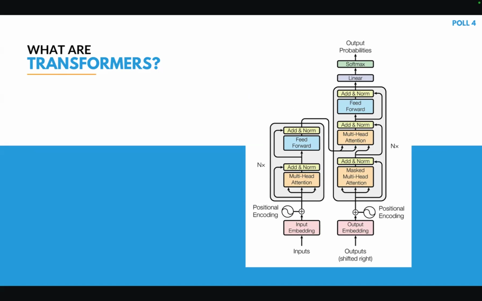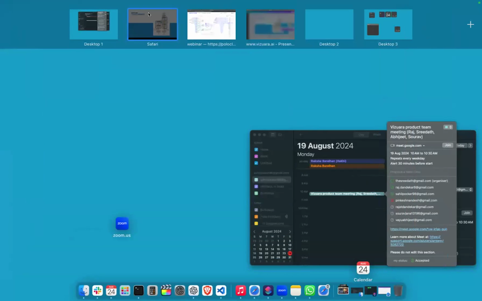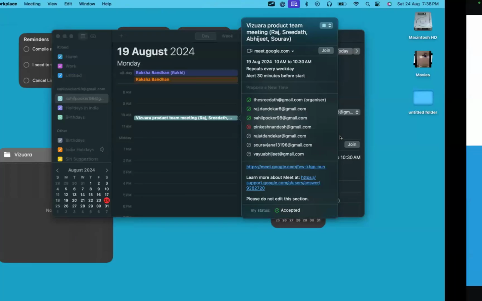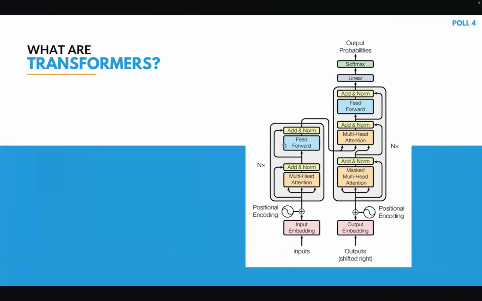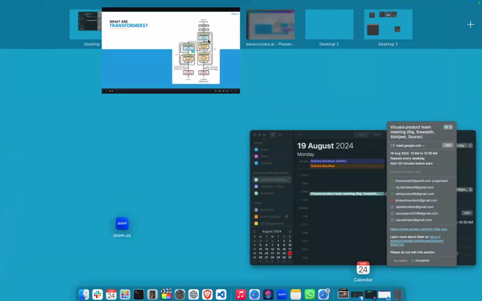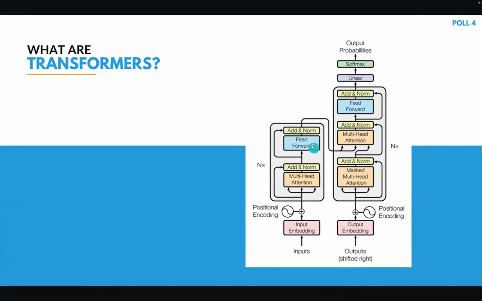Can you all go to the poll again? It's a simple question. It's okay if you don't know the answer to this. It's just to know what were the problems introduced. Sahil, on your screen, the what is transformer slide is visible.